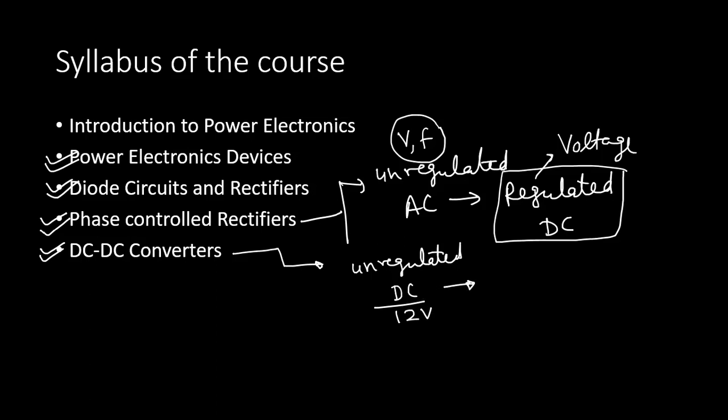It can be converted into a regulated DC, means you can change the voltage level in DC to DC converters. Like we have transformers in case of AC to change the voltage levels, over here we will have DC to DC converter to change the voltage level of a DC source.